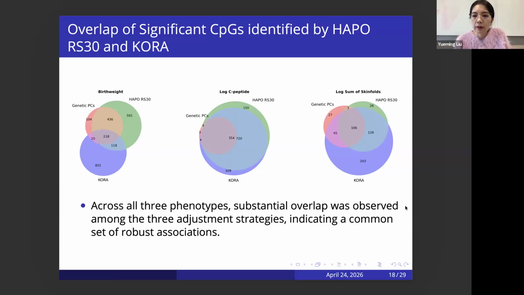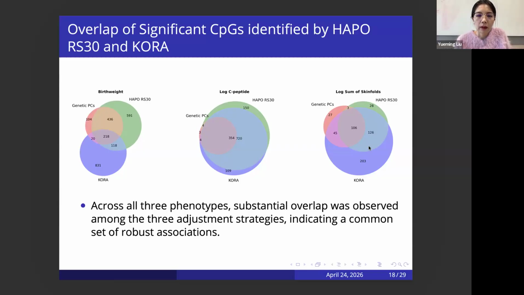For the sum scaffolds, there is a remarkably smaller set of significant CpGs identified, which is as expected because sum scaffold is more tissue specific. Some of the biological information may not be captured very well on methylation level.